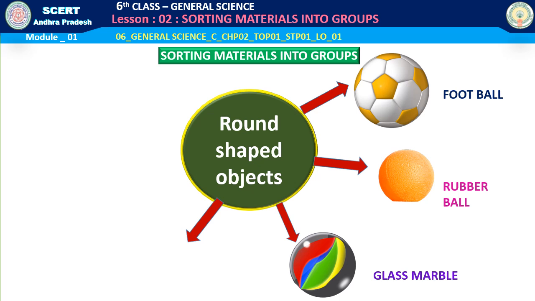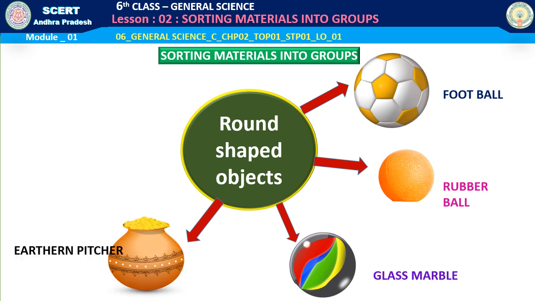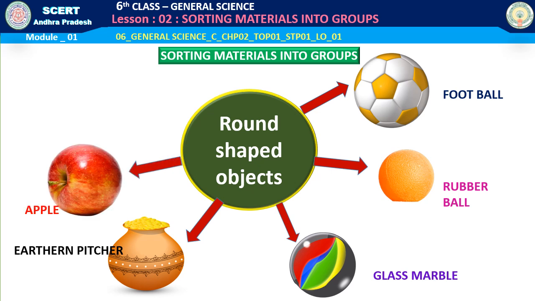If we include objects which are nearly round, it includes an earthen pitcher or pot, an apple and an Indian gooseberry. Here we observe that all these objects are made of different materials and have a similar shape, that is round.